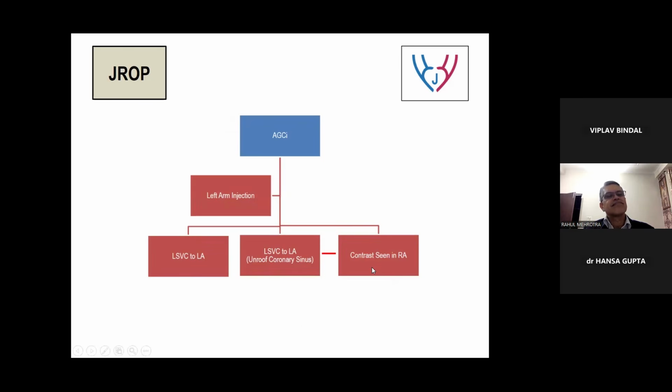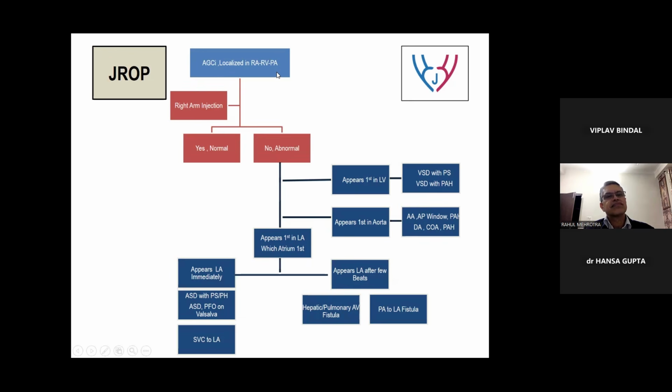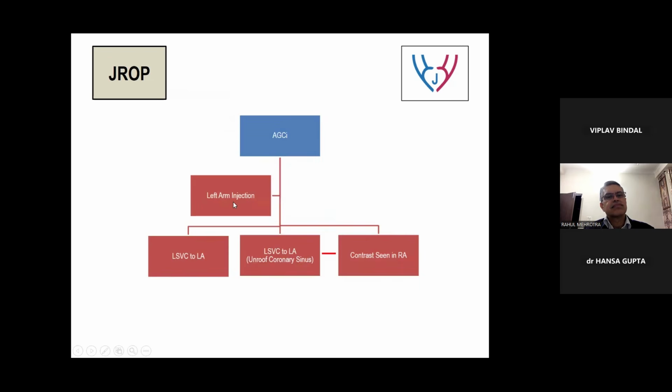Now, this was injected into the right arm, correct? If you are doing a left arm injection and you see contrast in the LA, then it is a persistent left-sided SVC to LA. Unroofed coronary sinus we see in the left arm along with right-sided structures, and that's where we see it in the right arm contrast also.